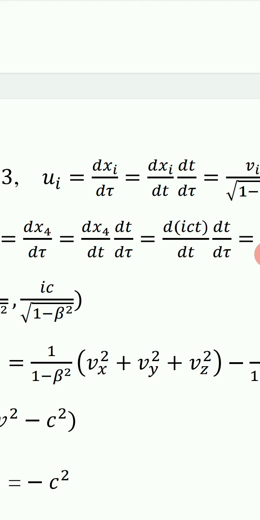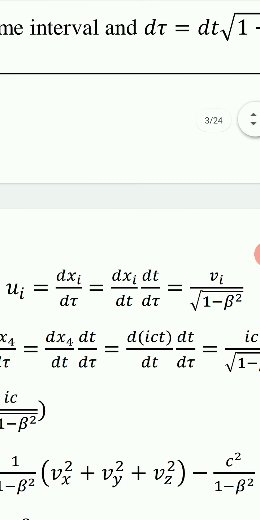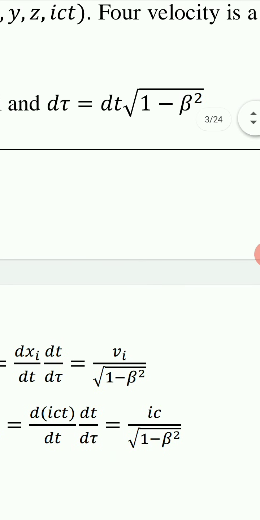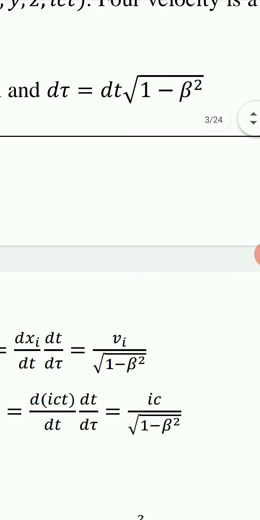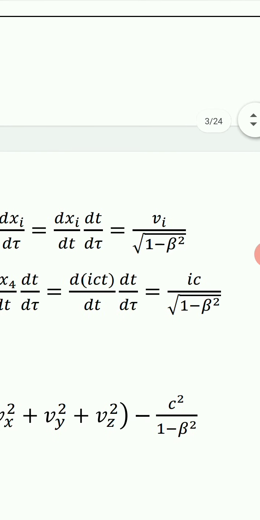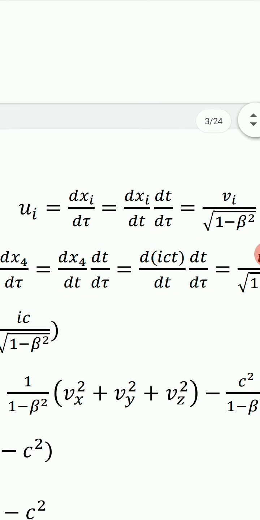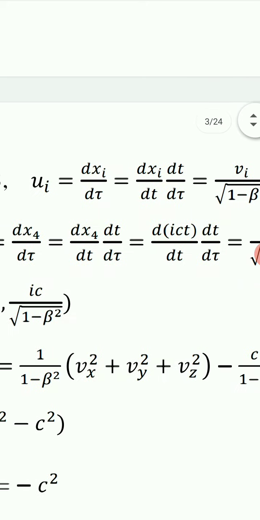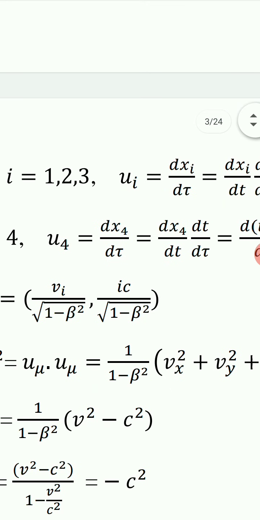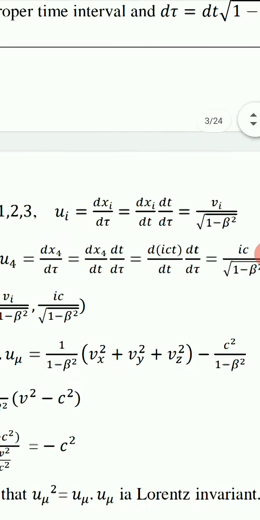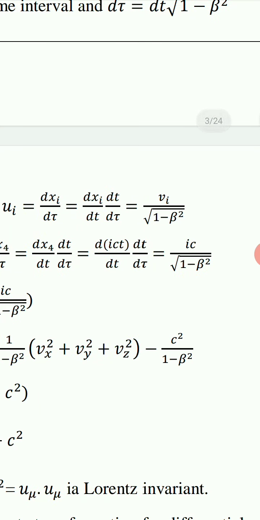Write x4 as ict and use d tau equal to dt under root 1 minus beta square. We find that the fourth component of this velocity four vector, u4, is ic upon under root 1 minus beta square.